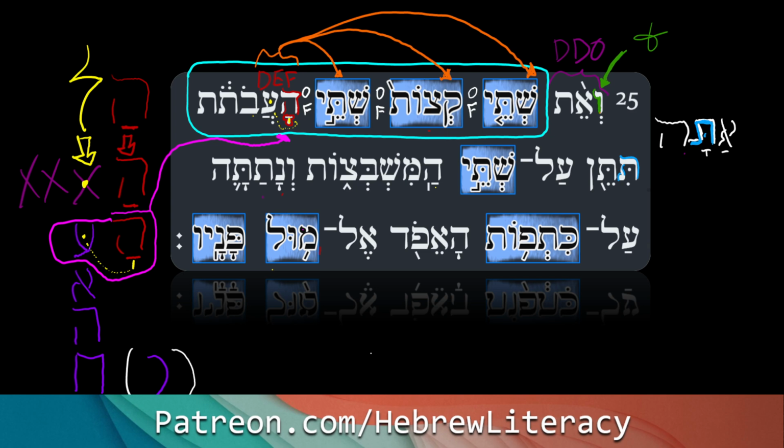Good enough. Okay. So that is what's happening here. When you see tav prefixed to the beginning of a word, that reminds you usually of ata. Unfortunately, it can also be a feminine third person singular she, so context will tell, but just try you first. That's much more common statistically.